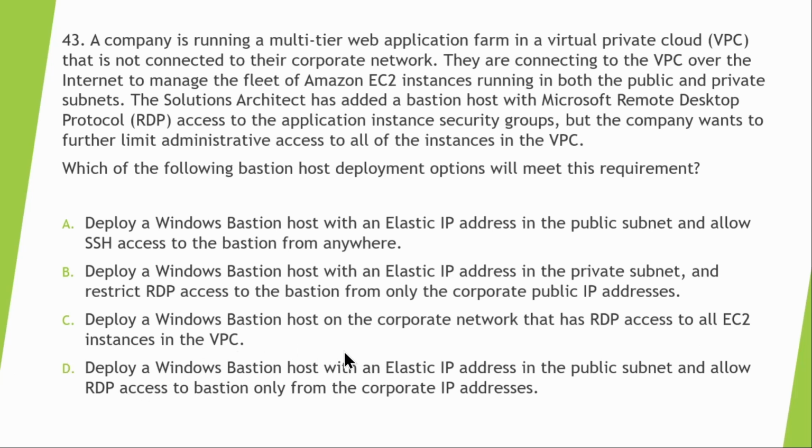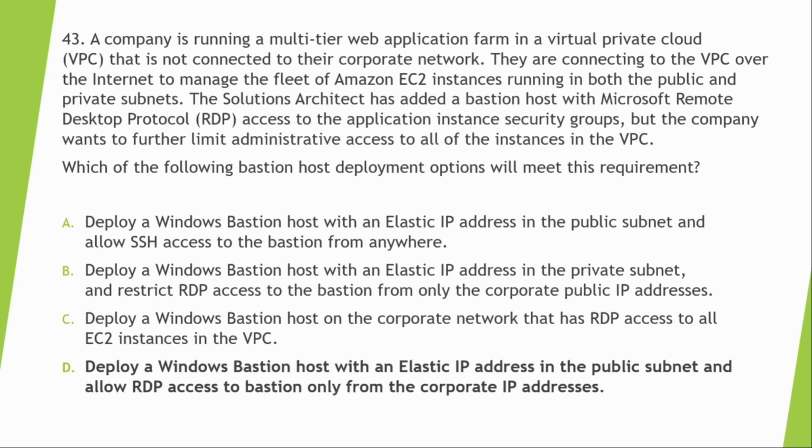So, deploy a Windows Bastion host with an elastic IP address in the public subnet and allow RDP access to the Bastion only from the corporate IP addresses. This is the correct answer. You deploy the Bastion host in the public subnet with an elastic IP address, and as it is a Windows Bastion host, you allow RDP access only from your corporate IP addresses.